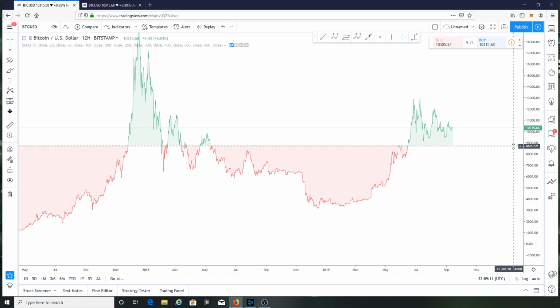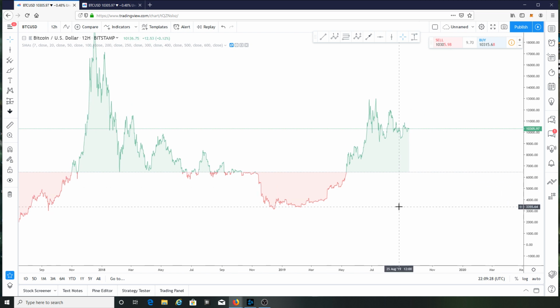Okay, if it falls below this price, let's just move this up to 9,000, make it an even 9,000 or so. Okay, so in your mind, anything below 9,000 is going to be red, so it's just signaling bearish. Or you can move it down and say anything below 6,000 is bearish.